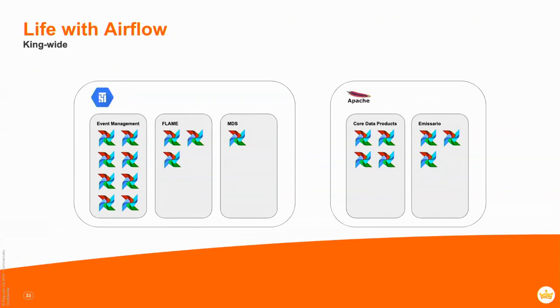But I suppose the problem with this is that code doesn't really get shared. If we build a plugin over here to interact with, I don't know, PagerDuty, for example, then maybe the Flame team over here is also re-engineering a similar operator for their use case. So that could be bad or good depending on your views on that, but it's certainly something that exists.